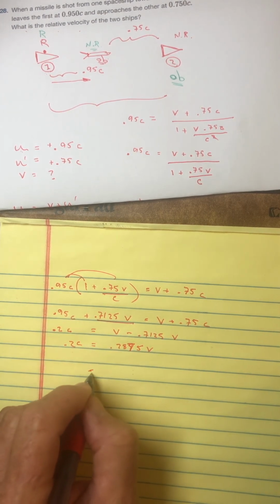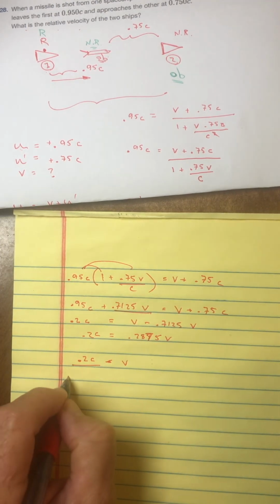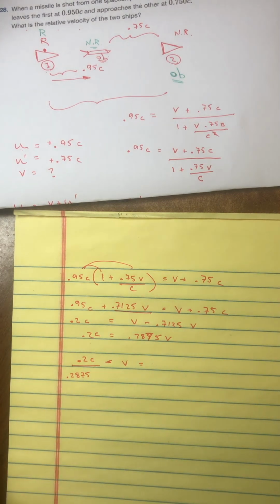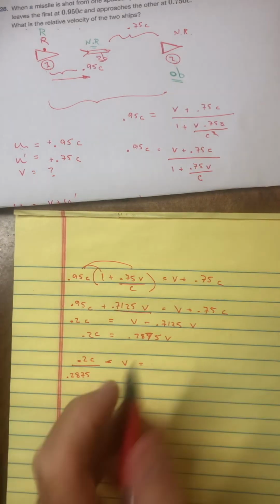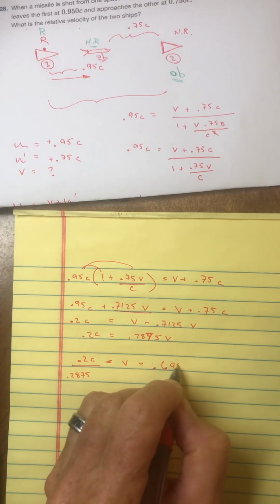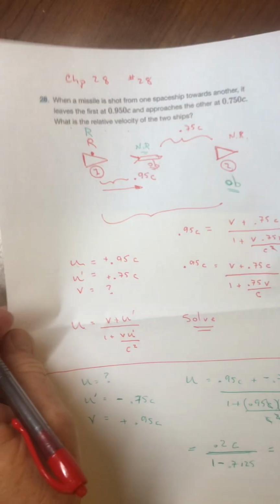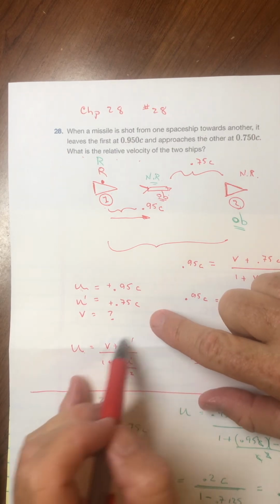And then the final step would be the 0.2 c over 0.2875, which was the same math we got before, but 0.2 divided by that last answer, and we are at 0.695 c. Yay!